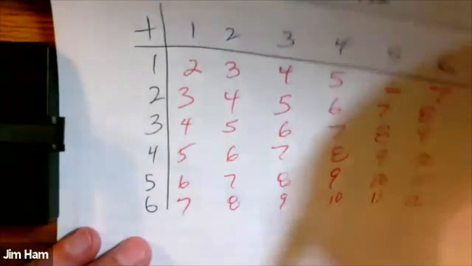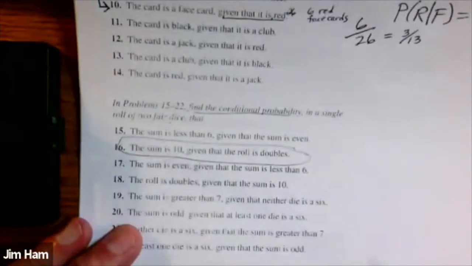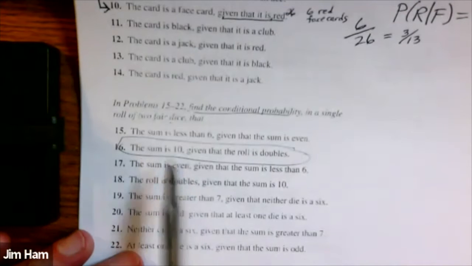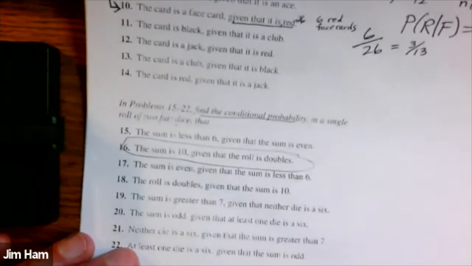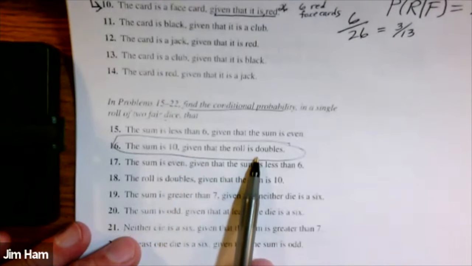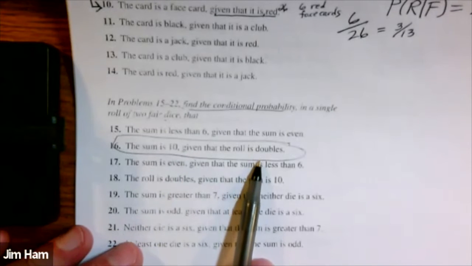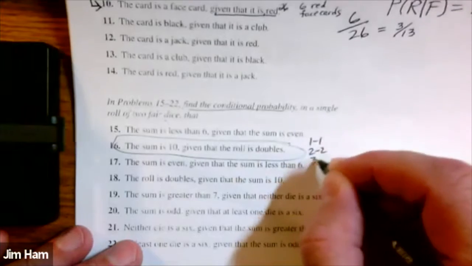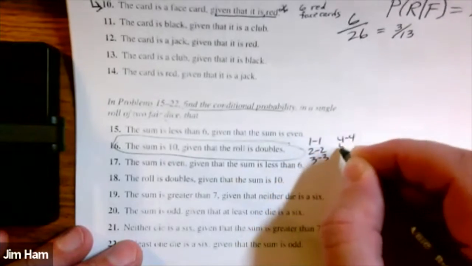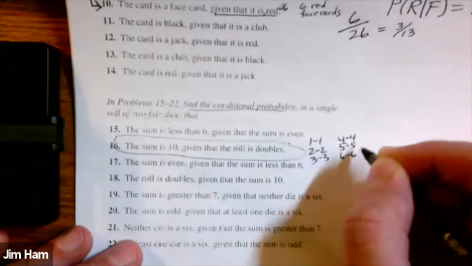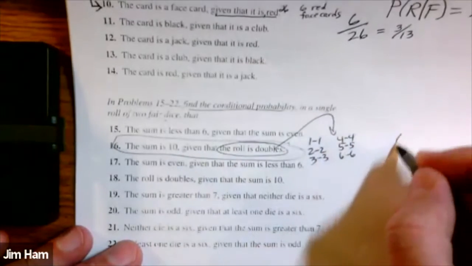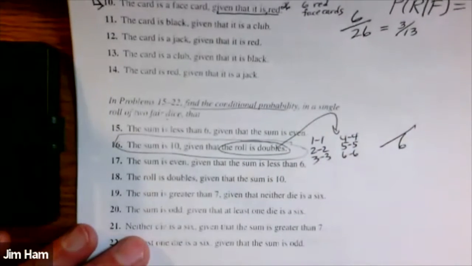All right, let's go back to the problems. The sum is 10. We're not just going to count up the 10s out of 36, because it says given that the roll is a double, and the doubles would be the 1-1, the 2-2, the 3-3, the 4-4, the 5-5, and the 6-6. So given that the roll is a double, there are 6 outcomes, so that's the bottom number.